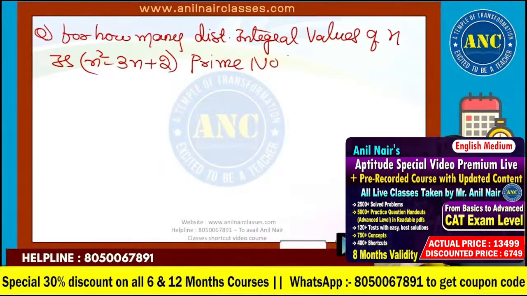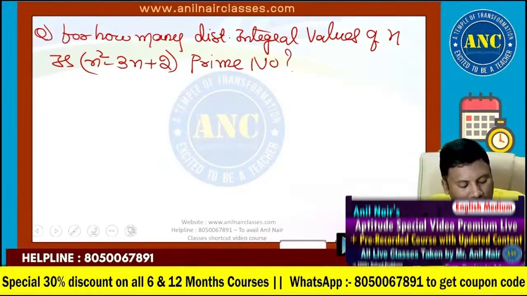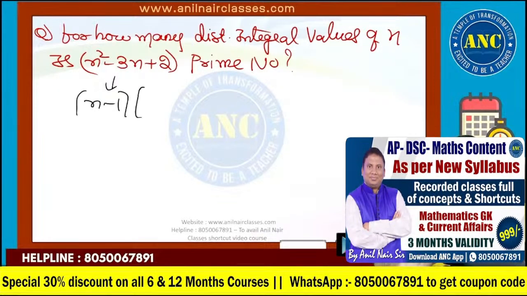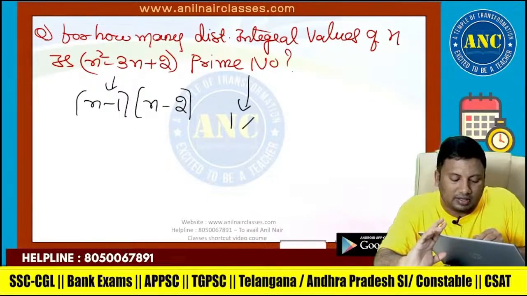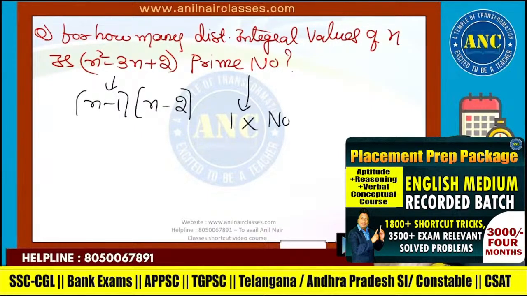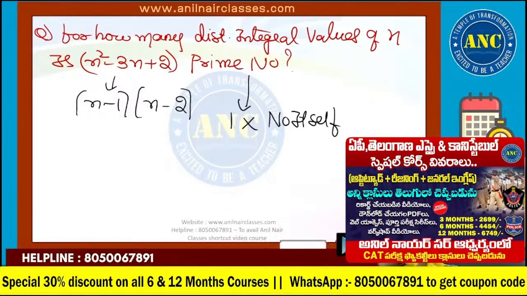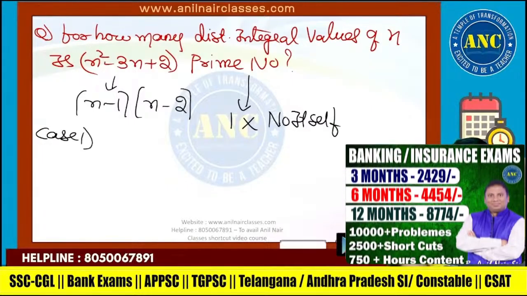These are nothing but n minus 1 into n minus 2. What is a prime number? A prime number is a number which has only two distinct factors, 1 and itself. Case number 1: 1 and itself.